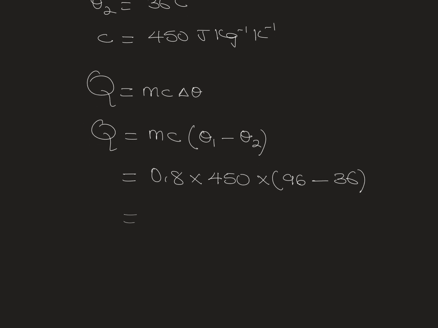So that is 0.8 times 450 times 96 minus 36, which is 60. Then we're going to have 0.8 times 450 times 60, and that is 21,600 joules.